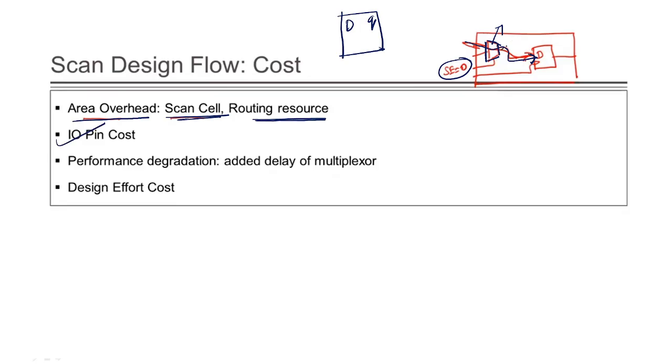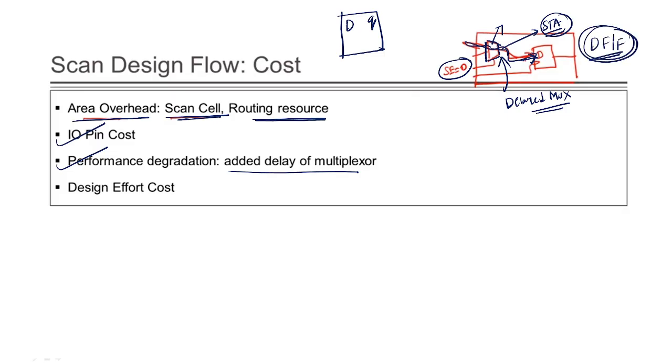In STA, you need to calculate the timing path for this one also. This is one more disadvantage. And performance degradation: you added one more delayed mux to the D flip flop, which lowers the performance. The performance may degrade.